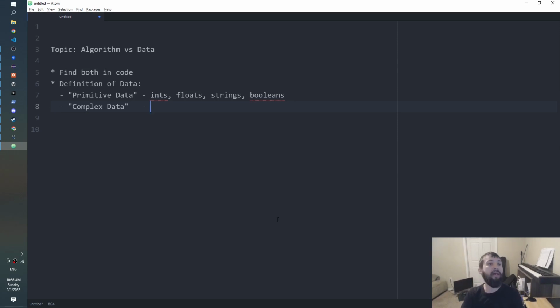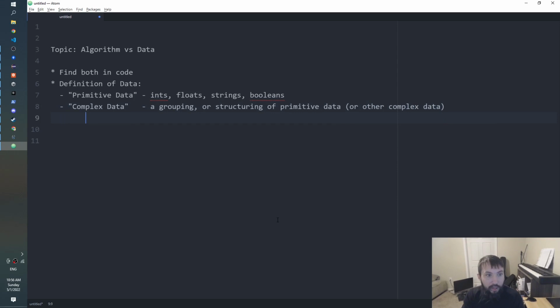So I'll say a grouping or structuring of primitive data. And the reason it can get more complicated is that complex data can also structure other complex data. So I'll just say or other complex data.